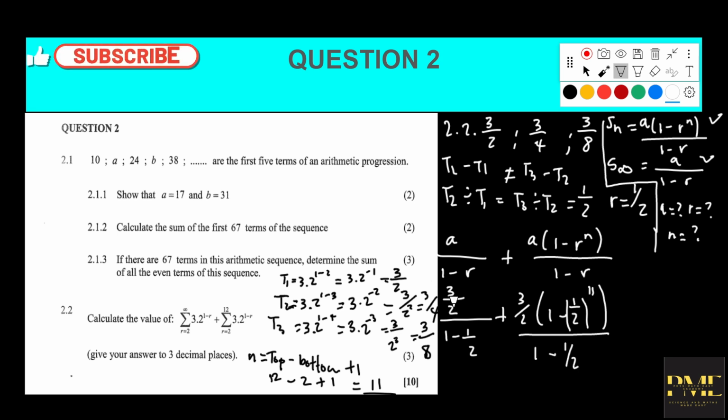Okay, so if you do your maths nicely and punch your calculator nicely, you'll find your sum here being equal to 5,999. Okay, so this brings us to the end of our question 2.